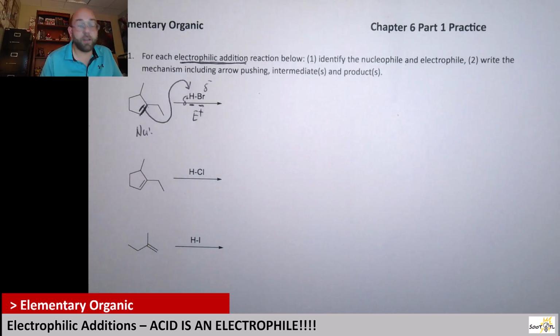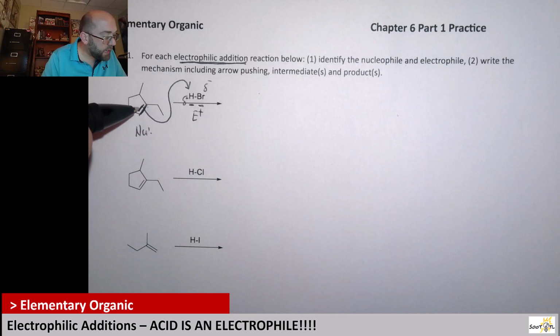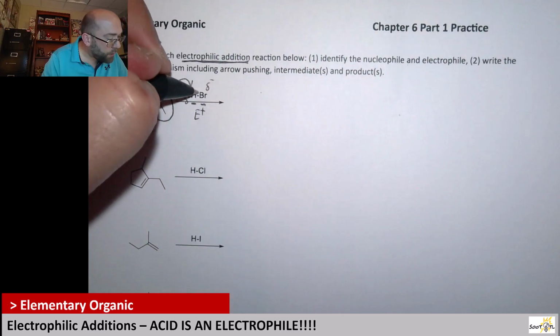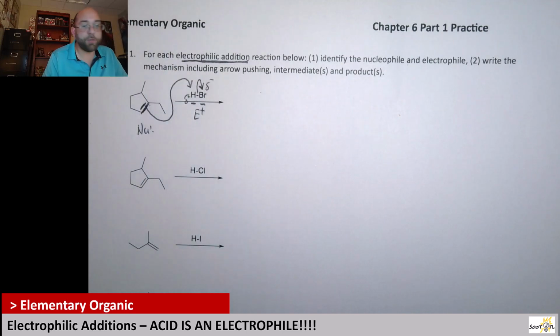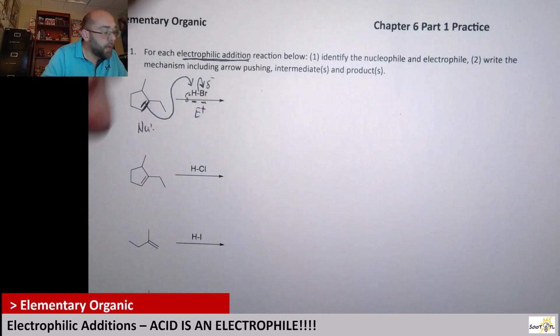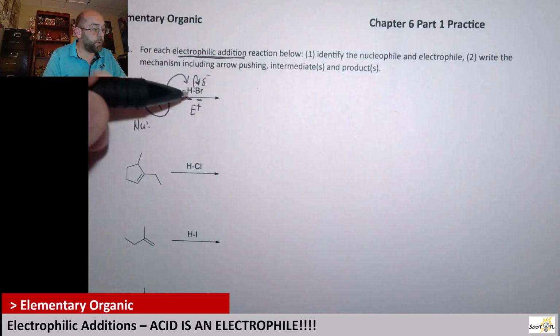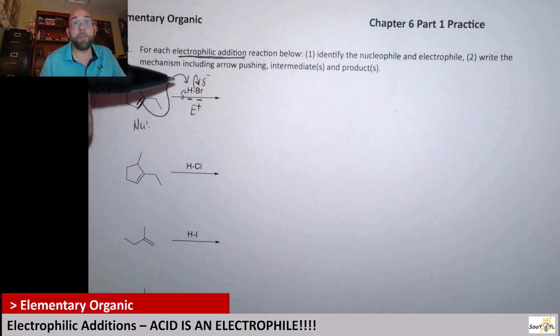The hydrogen. We're going to see the pi bond attack the hydrogen, and then it's going to force the breaking of this hydrogen-bromine bond. Those electrons, as this arrow shows, go to the bromine, so this bromine is going to get 2 electrons from that bond.